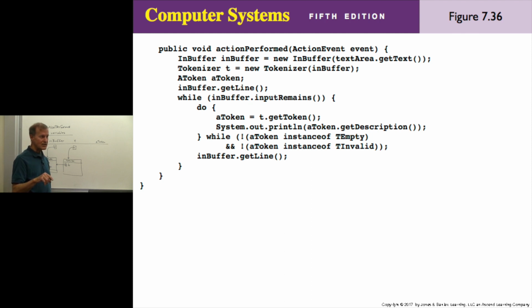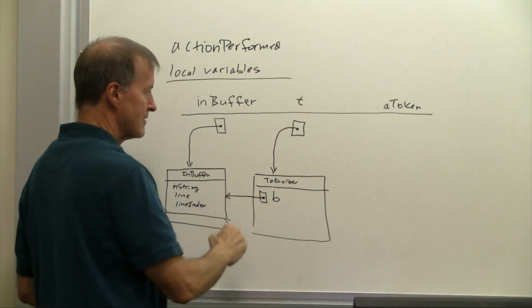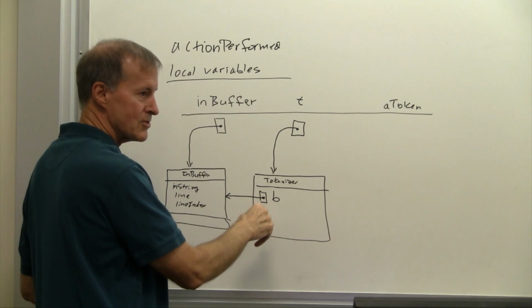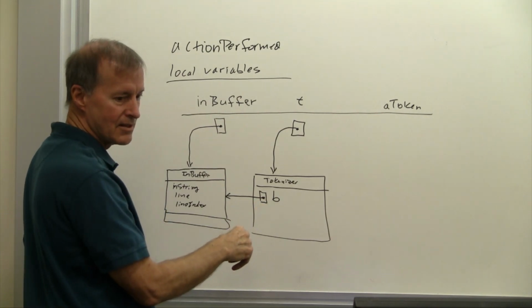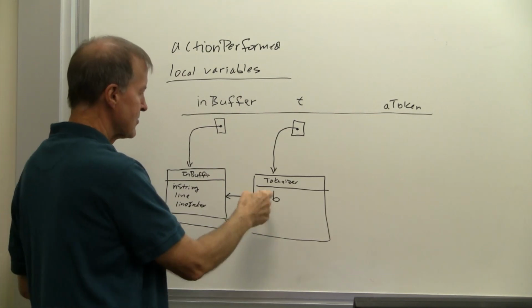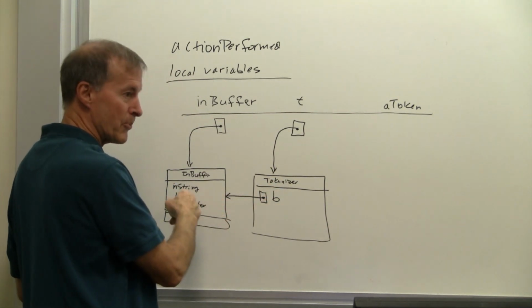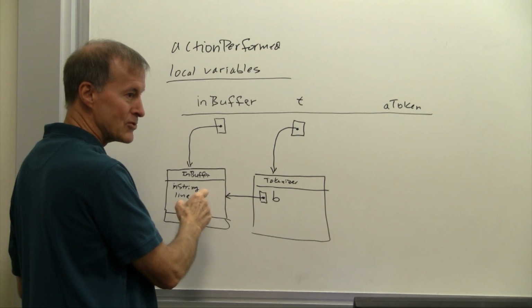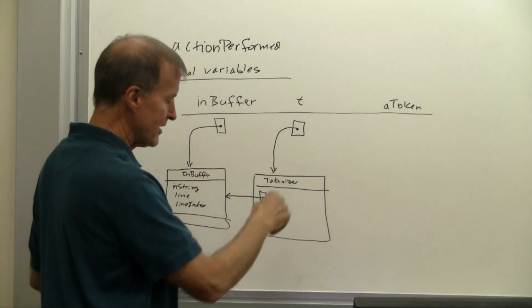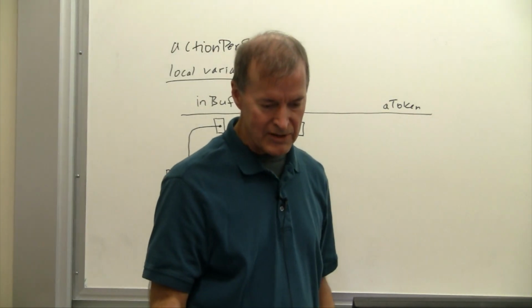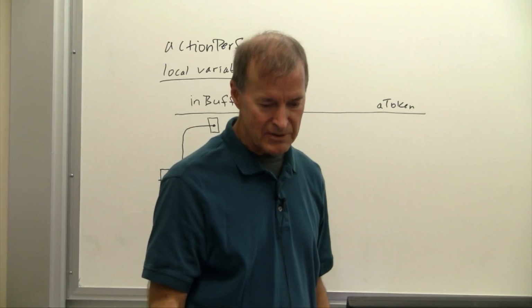T dot get token. So what is T? T is this tokenizer. So it's calling the tokenizer. The tokenizer has access to this, so it runs through and gets the first token, and that's A token. What would the value of A token be with this example input?